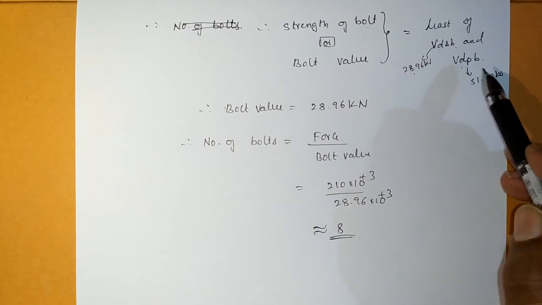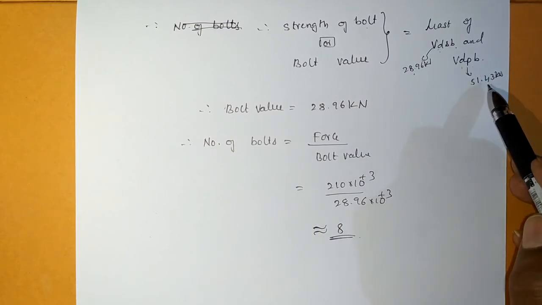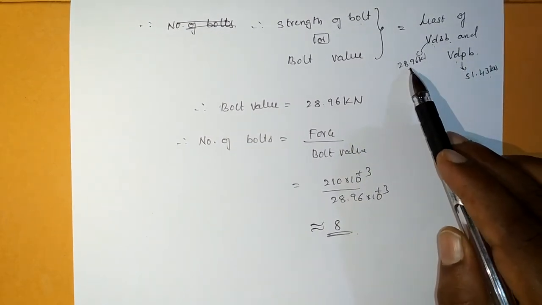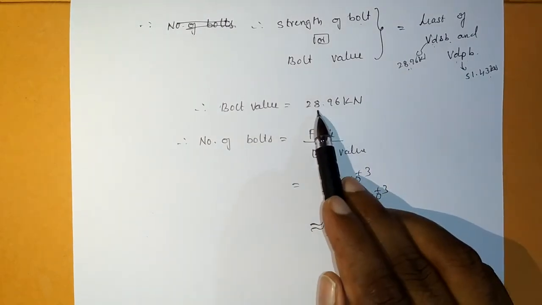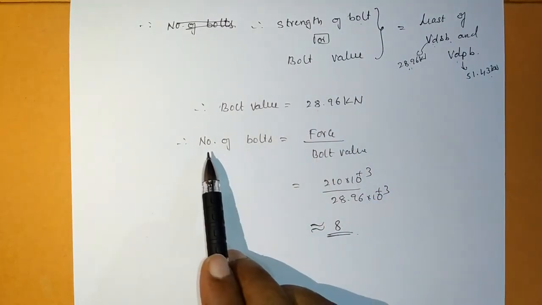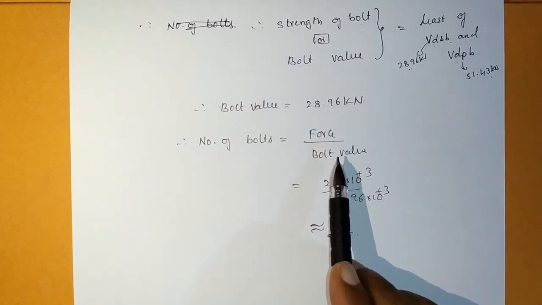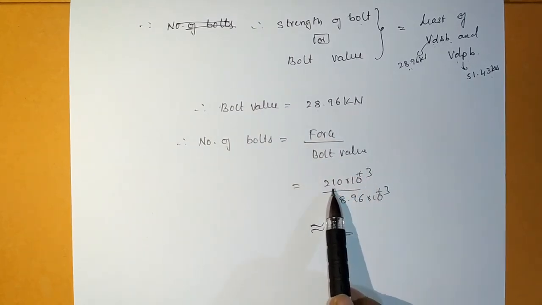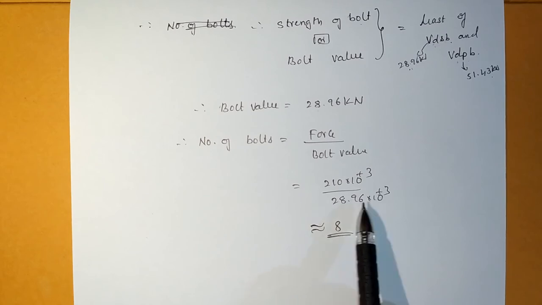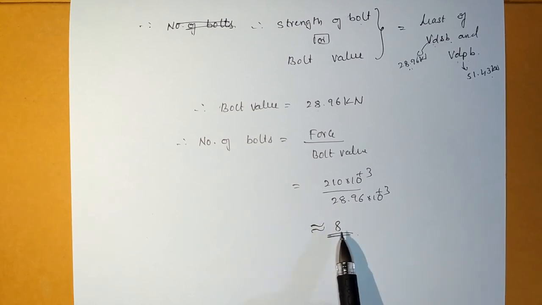The value of VDPB is 51.43 kilonewton, out of which we are choosing the smaller value. The smaller value is called bolt value, 28.96 kilonewton. Now, how do you calculate number of bolts? Force divided by bolt value. What is the force given in the question? 210 kilonewton divided by bolt value, 28.96. The number of bolts will be 8.